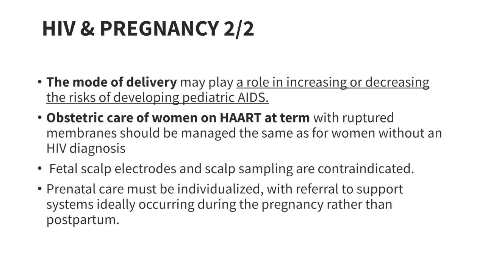During obstetric care, the woman can receive HAART at term if they have rupture of membranes, and prenatal care for a patient that is HIV positive and pregnant has to be individualized. Remember that we talked about other STDs, infections, bacterial vaginosis, and trichomoniasis in previous classes.